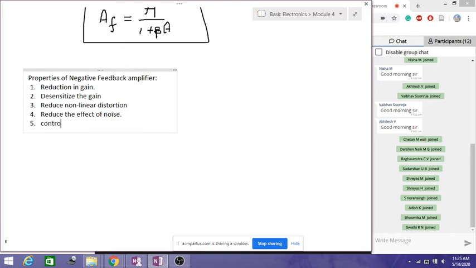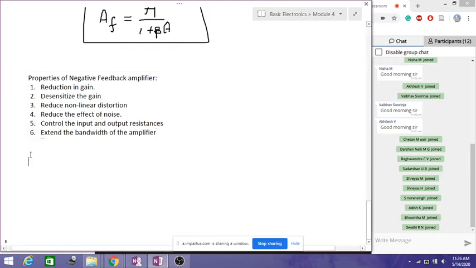Then it controls the input and output resistances and extends the bandwidth of the amplifier. So these are the properties of negative feedback.